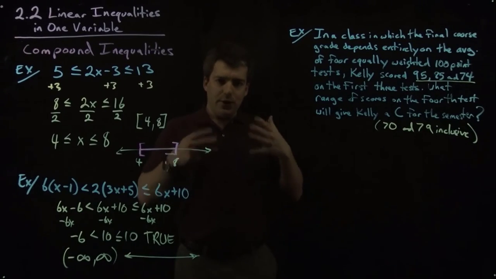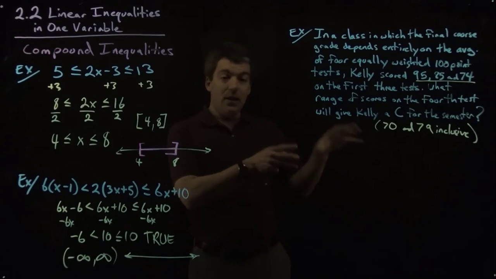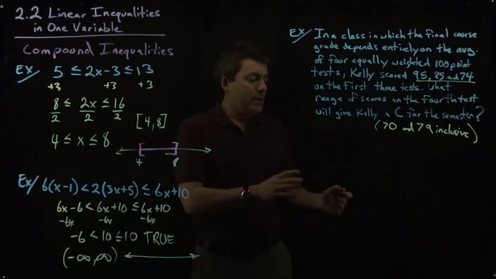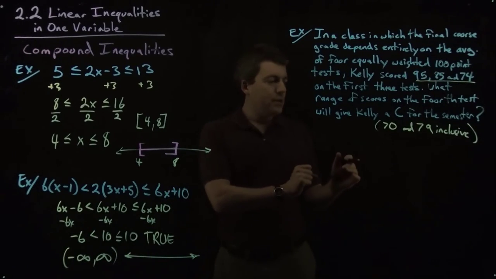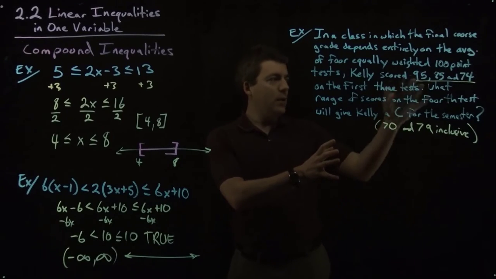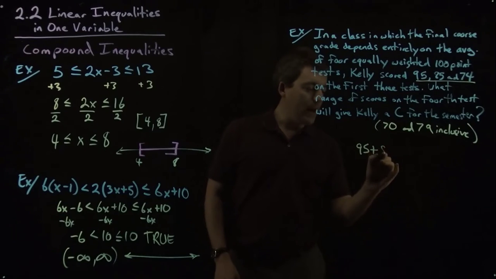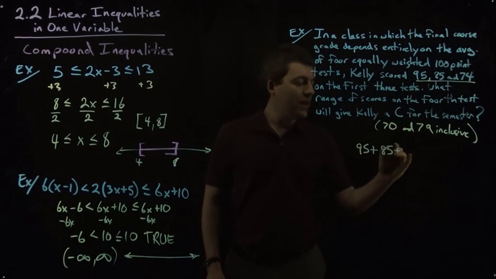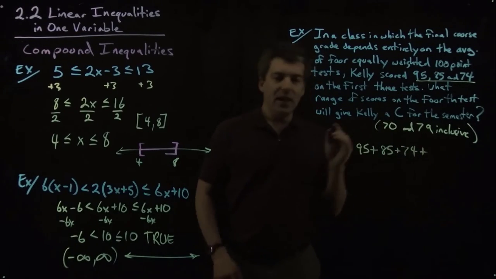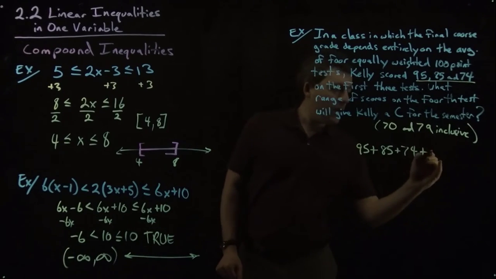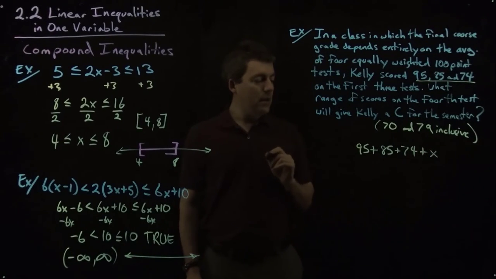So let's take what I just said and write it down as an inequality. All right. So first off, we need to write the average. So let's write that down. We need to take 95 plus 85 plus 74 plus that test that we don't know. We'll call that x.